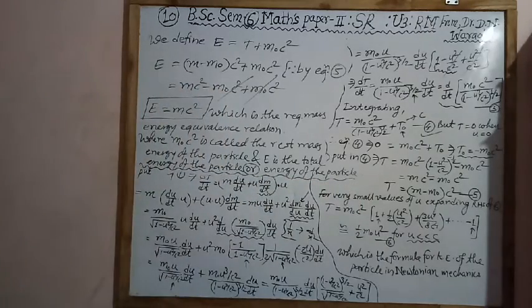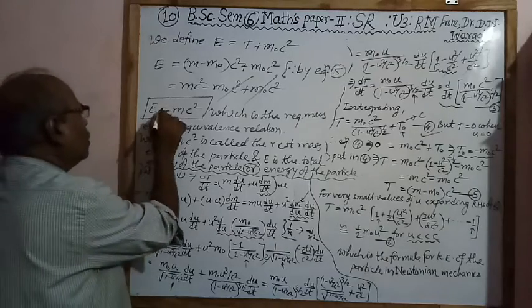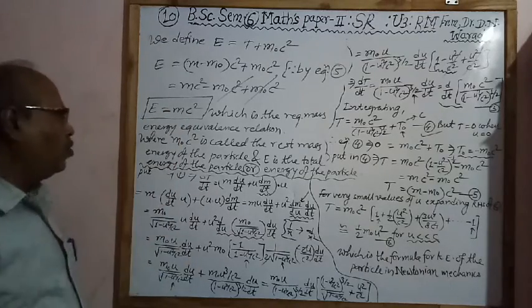This is the derivation of the mass energy equivalence, which is given by the equation E equal to mc square.